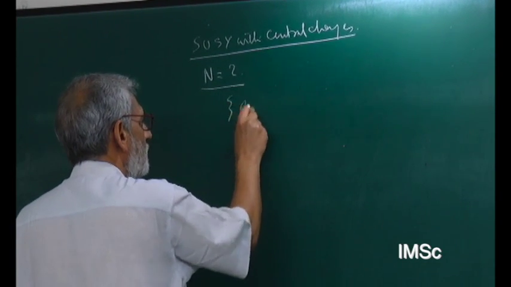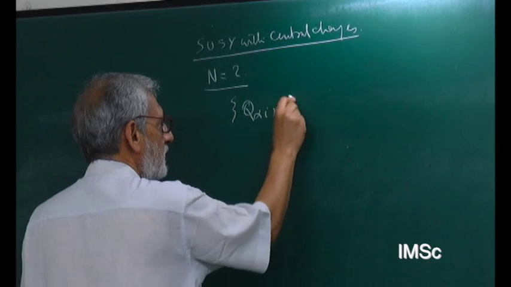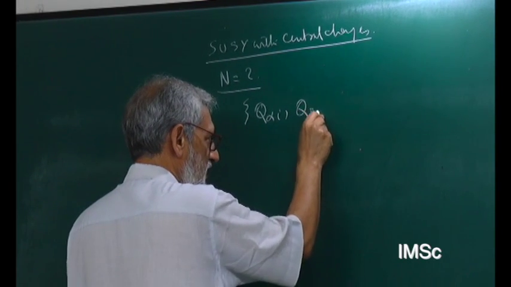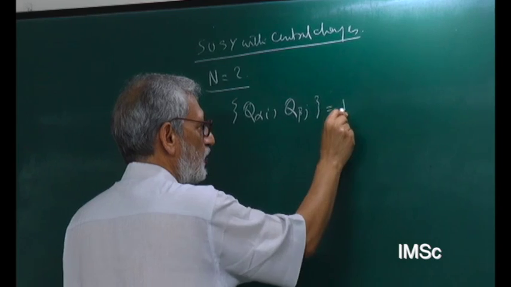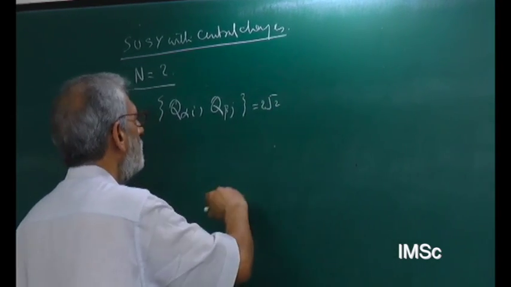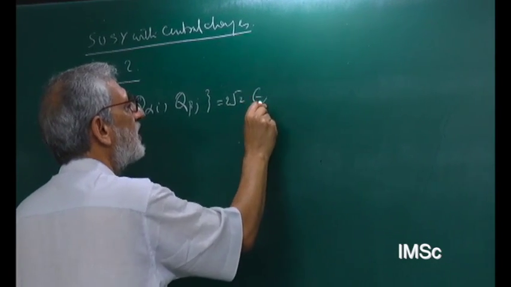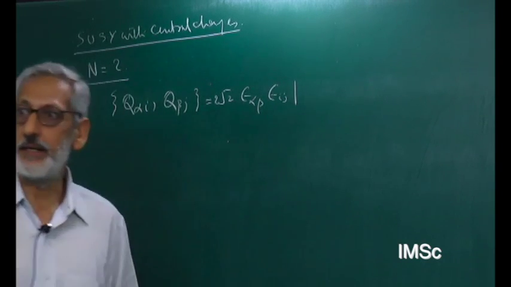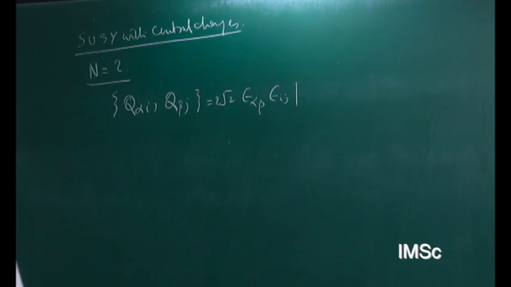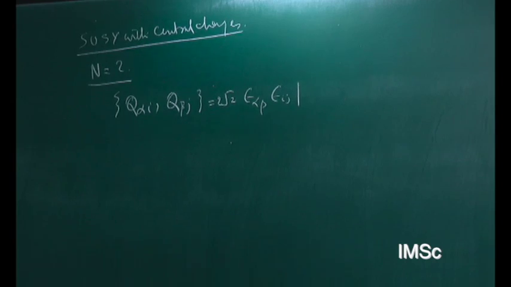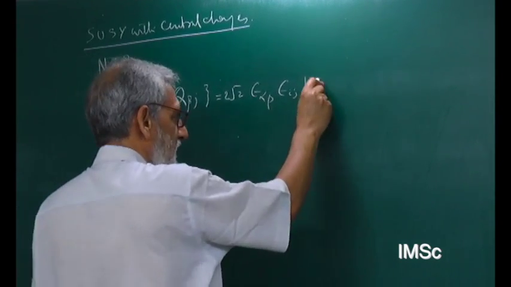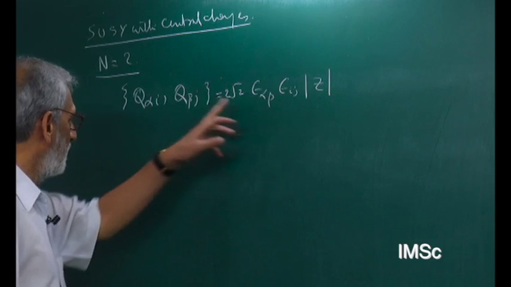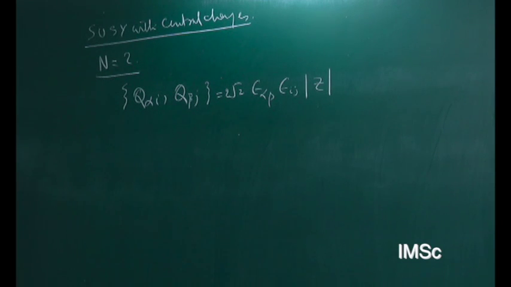And the algebra is: the anti-commutator of Q alpha I with Q beta J is root 2 times root 2 epsilon alpha beta epsilon I J, and we argued that there is only one real charge, and we called it Z, so mod Z. The phase of this is irrelevant because you can absorb it away.